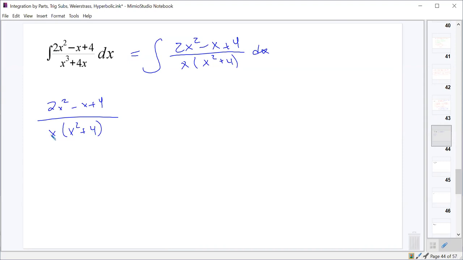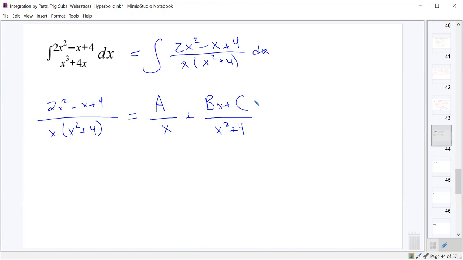So this time, instead of having a bunch of linear factors, we have a linear factor and an irreducible quadratic factor. So if you're trying to do partial fractions with an irreducible quadratic factor and some linear factors, just do the linear factors first, A over x. And then your irreducible quadratic factor, instead of getting just a constant up top, is going to get a linear piece in the numerator.